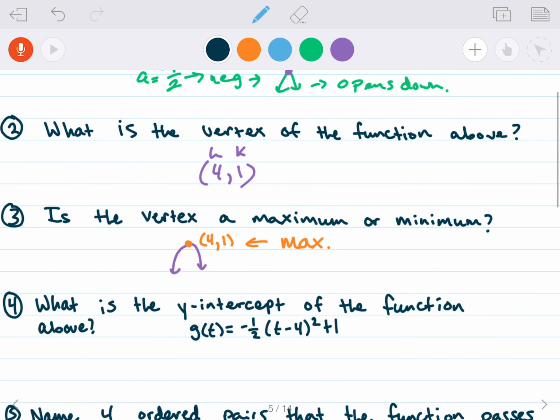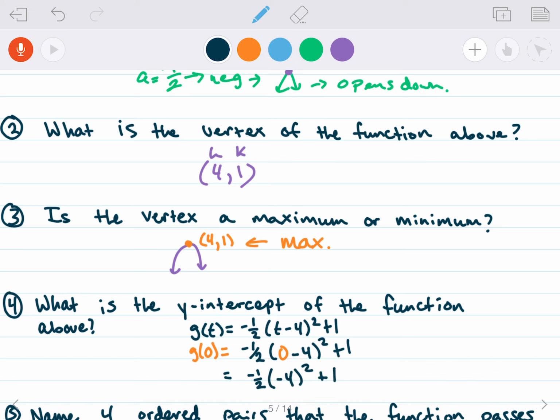So anywhere I see my input variable, which is t, I'm going to replace with 0 to get my y-intercept. So I get negative 1/2 times (0 minus 4) squared plus 1. And I'll go ahead and evaluate this. So PEMDAS, parentheses first, 0 minus 4 is negative 4.